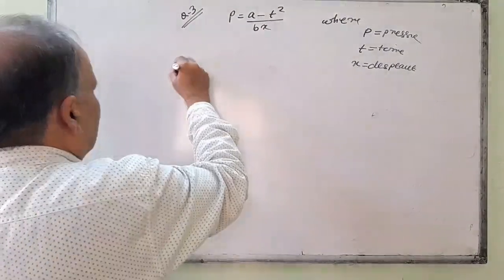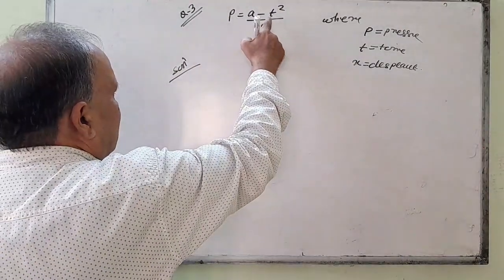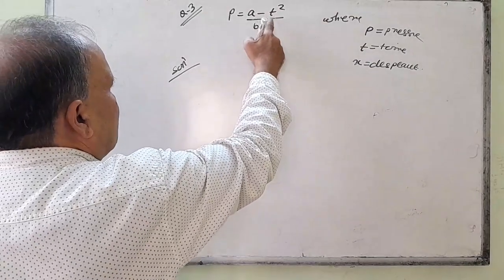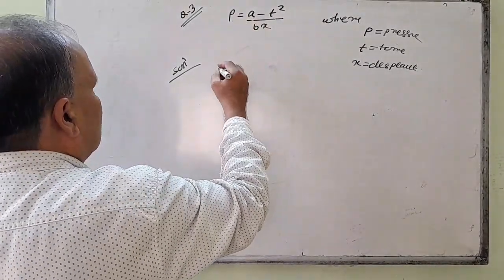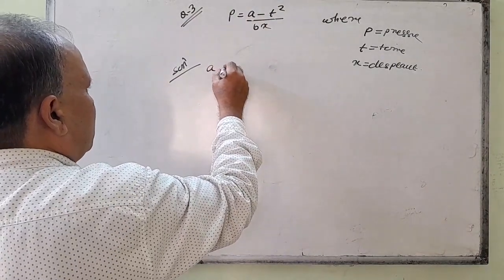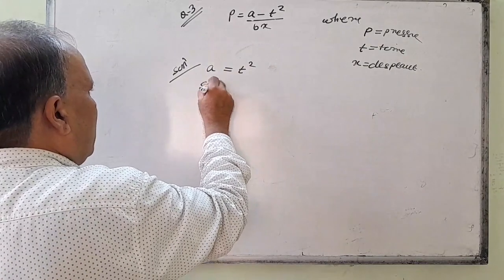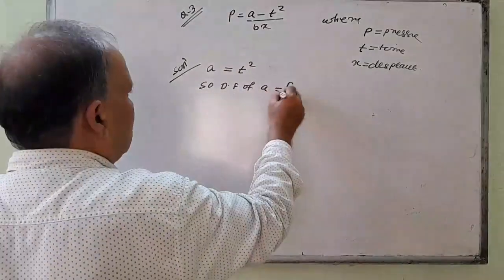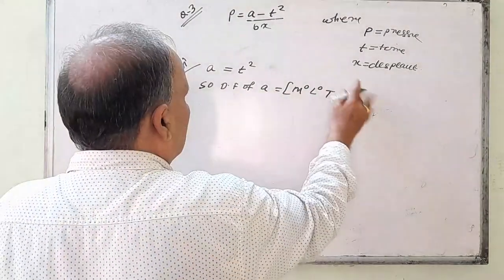You see, since T square is subtracted from A, that means time square is subtracted from A, so A must be time square. So dimensional formula of A is equal to M0 L0 T to the power 2.